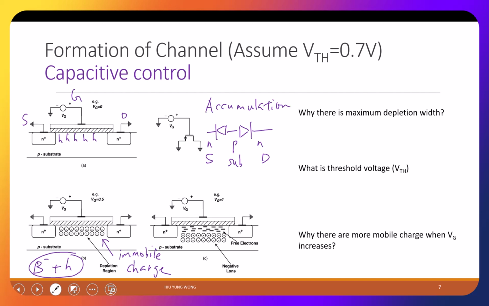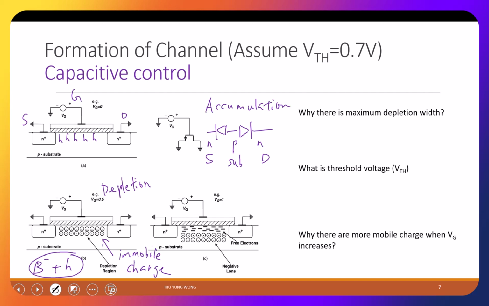They are frozen. So you cannot move them. So no water current. Just like here, no electron current, no electrical current. This region is called depletion. This region of operation. So we go from accumulation to depletion.